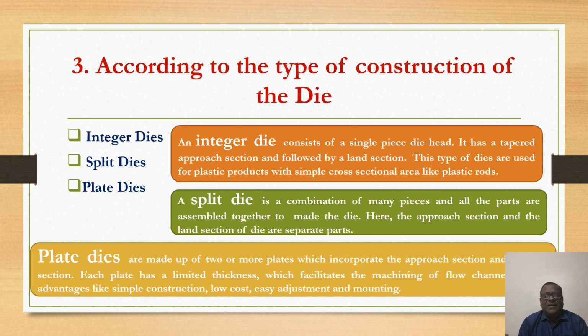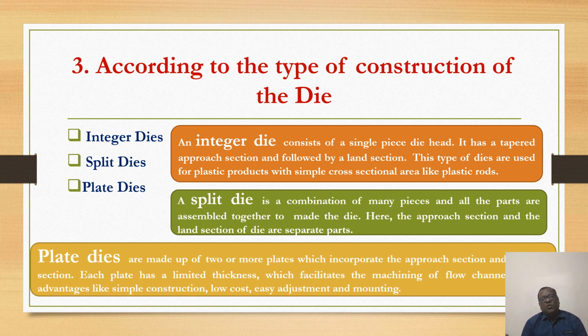The third one is plate dies. Plate dies are very similar to split dies. But in case of split dies, suppose for example, the land section will be a single section, the approach section is a single section, and they will be made together. But in case of plate dies, what will happen?